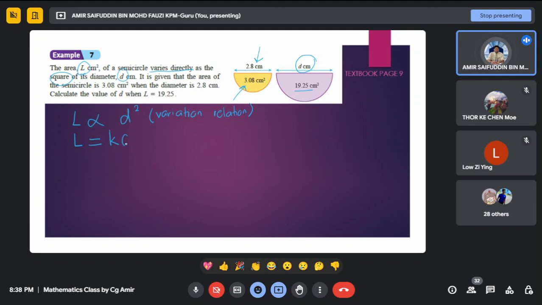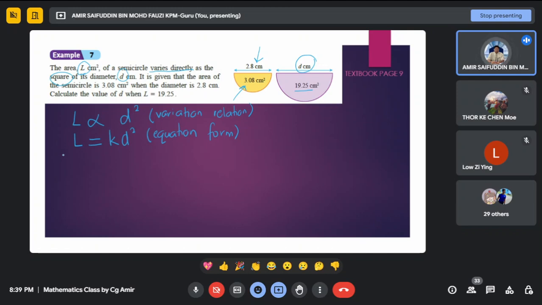And here is d power of 2. This one is the equation form. So the first step is done: we changed to a variation relation and we converted into equation form.